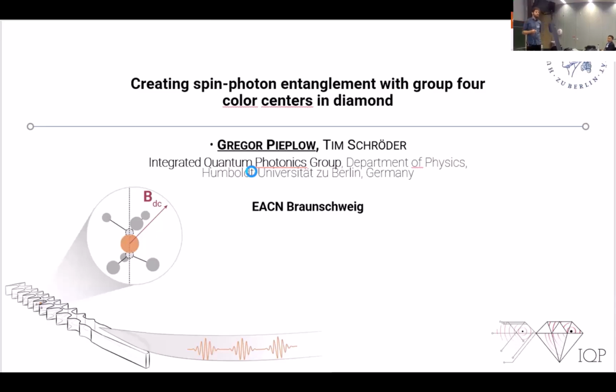Then there's an idea of a one-way repeater, where you use a much more complicated photonic resource state, here the so-called tree cluster state. I'm also not going to go into a lot of detail on how you create the state, I'm just going to say that now photons are represented by these dots, and entanglement is indicated by the lines between them, and you can use a spin-photon interface to create such resources.